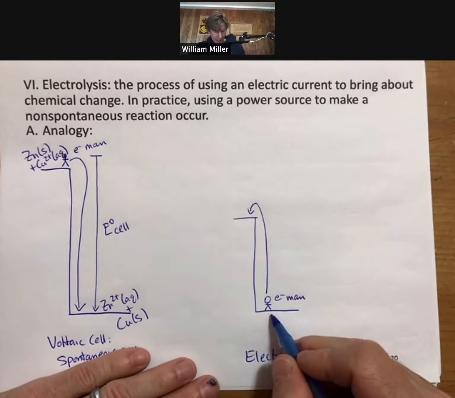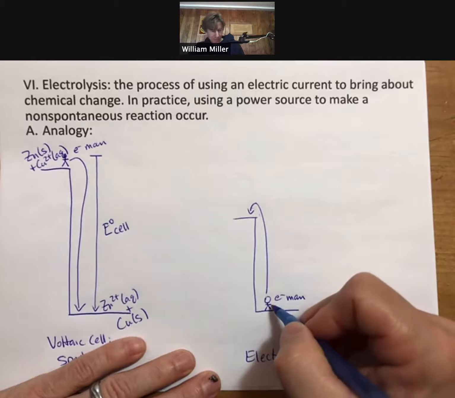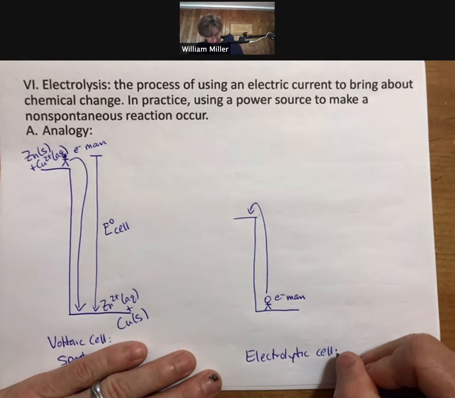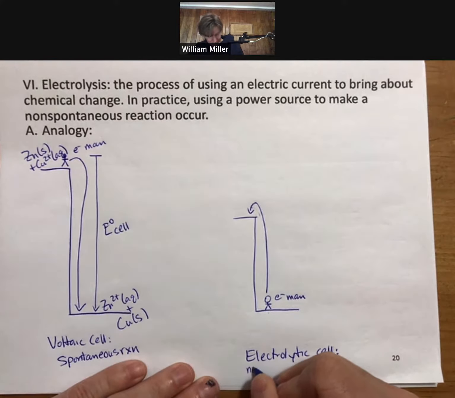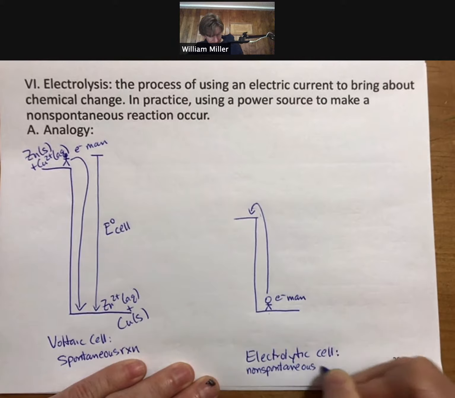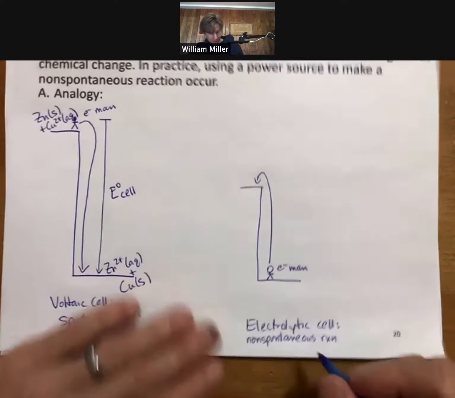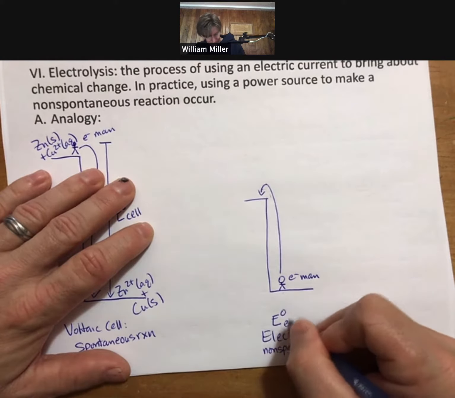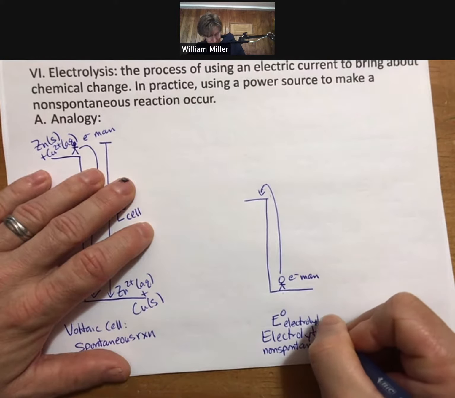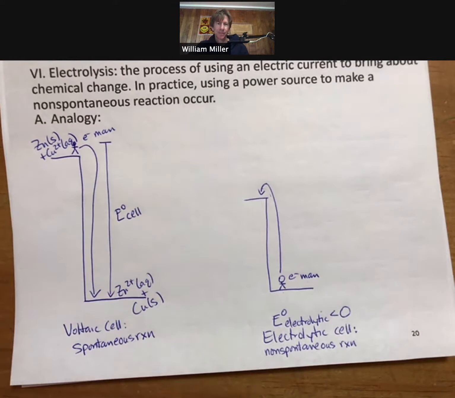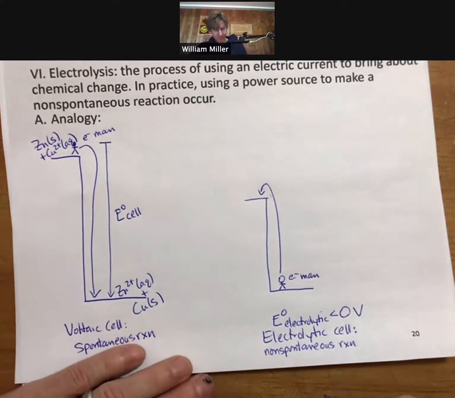But this process of going up is a negative cell potential, so a non-spontaneous reaction. And so the cell potential is negative, less than 0 volts.